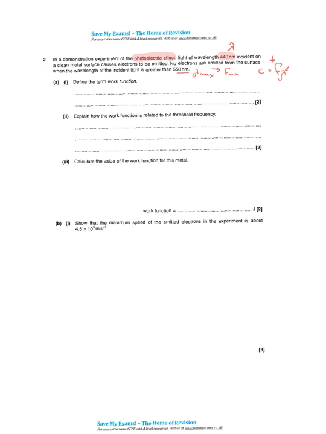Now it says define, so this is an easy one. Define work function. However, it is 2 marks, so you need key parts of this question. The work function is the minimum energy. That's 1 mark for stating that it is the minimum energy for an electron to escape from the surface of a metal.